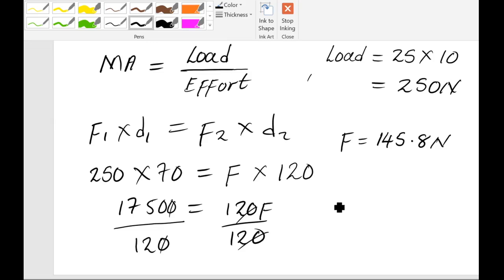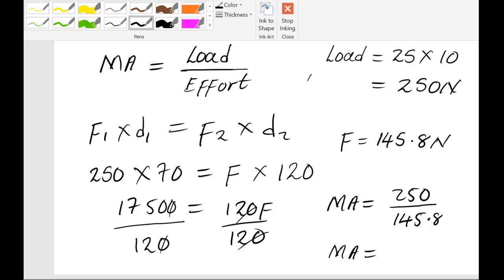So therefore, MA is going to be the load, 250, over the effort, 145.8.